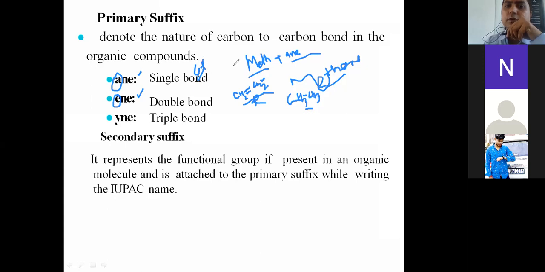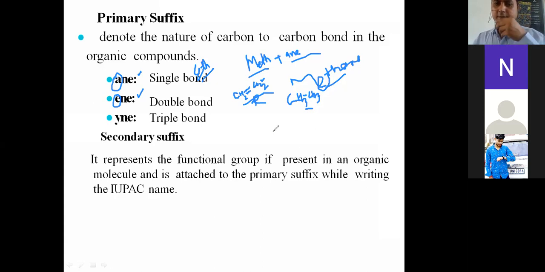So eth and meth are the root word, and ane and ene are the primary suffix. Voice is okay? No issue? Okay, good.